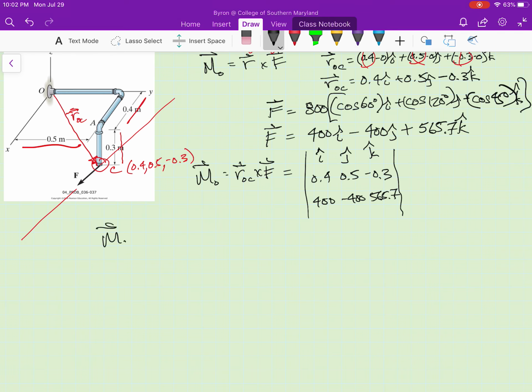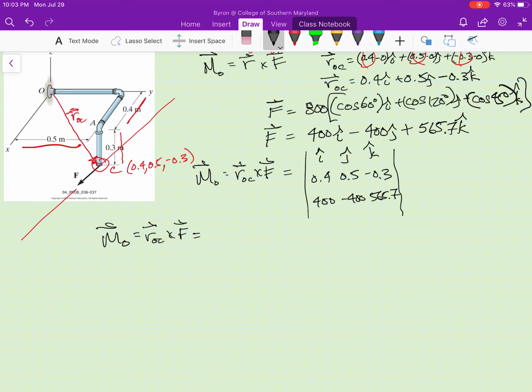So the moment about O equals R sub OC cross F, which equals, and I'm going to put the three components i, j and k on separate lines just to try and keep it a little bit organized.